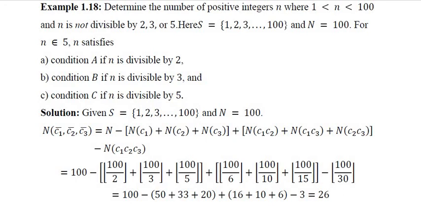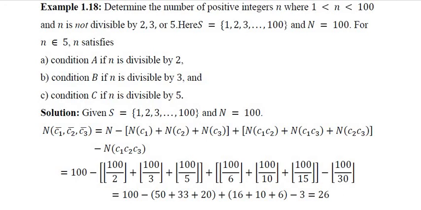So the question here is, you are given that S is equal to 1, 2, 3, up to 100, N is equal to 100. We have to determine the number of positive integers n which are not divisible by 2, 3 or 5. That is, we have to find n of C1 bar, C2 bar, C3 bar. This is what our aim is.